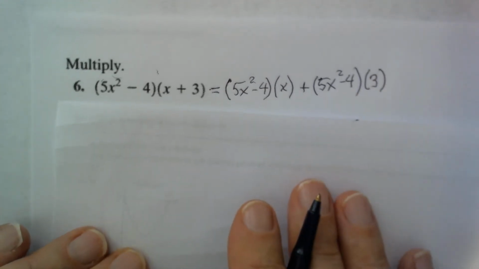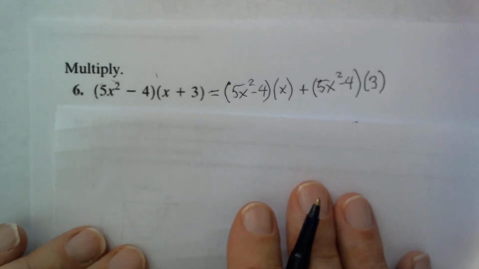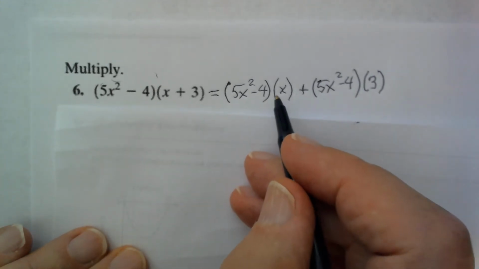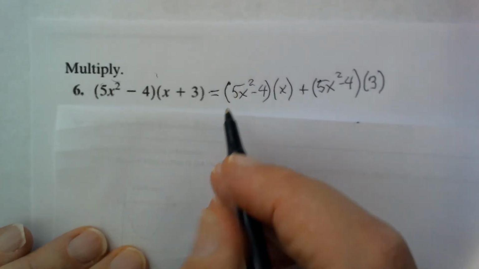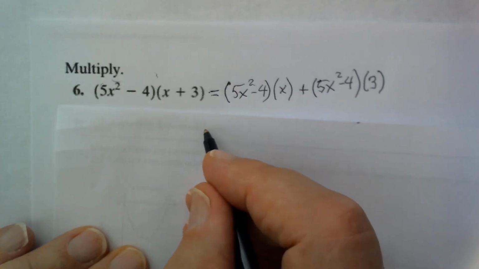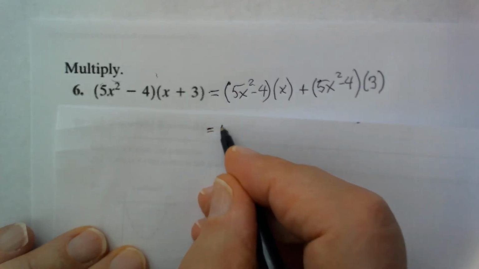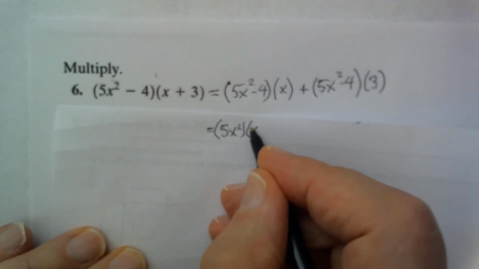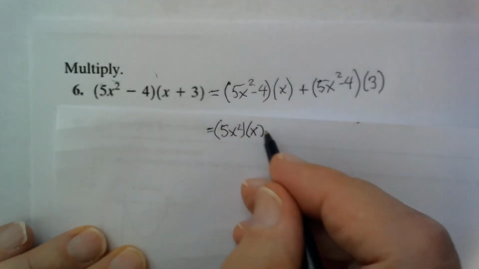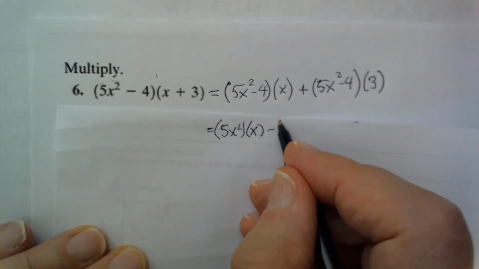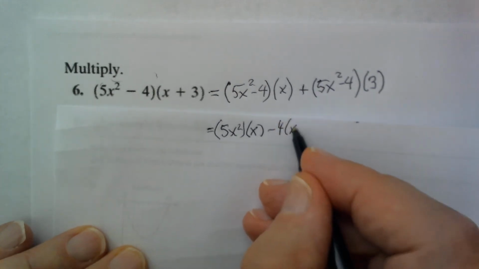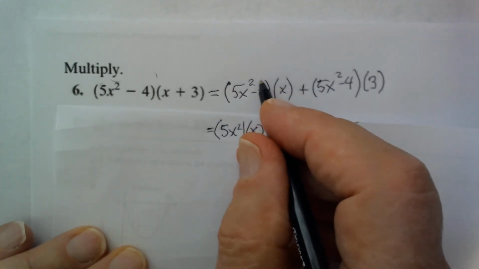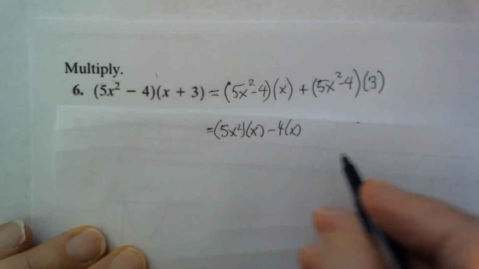And now we are applying the distributive property from the right side. We multiply x times 5x squared. So I'm going to put an intermediate step in for you. The 5x squared times x minus 4 times x. So we'll multiply x times minus 4 times x.